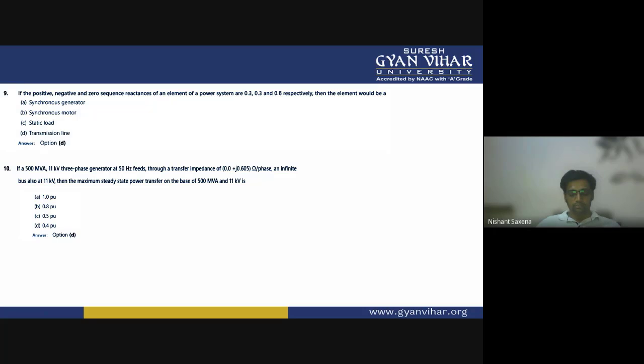It is approximately coming to 4.2 something. So the per unit reactance would be 4 point something per unit. So if you calculate it, the power would be 0.4 per unit.